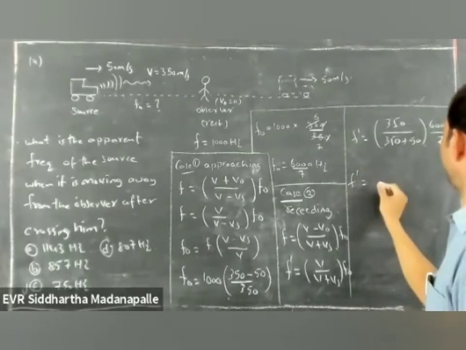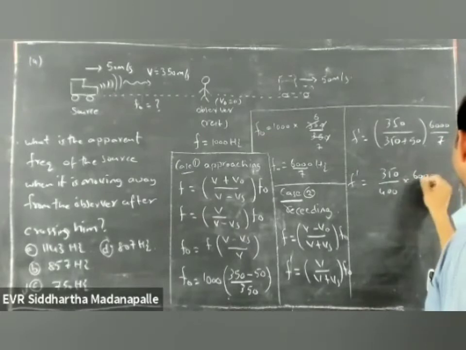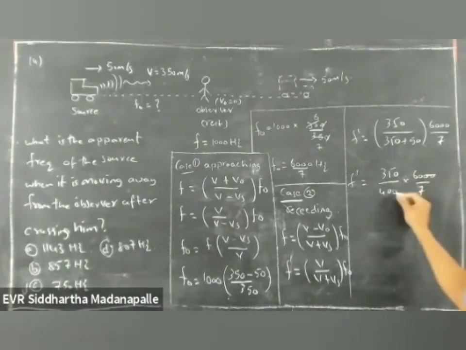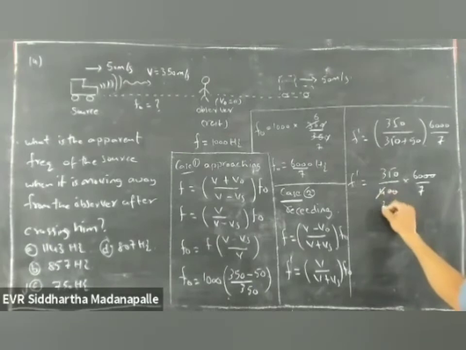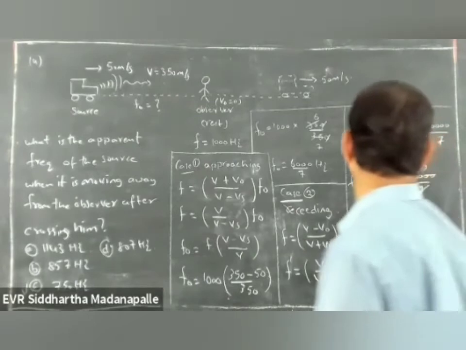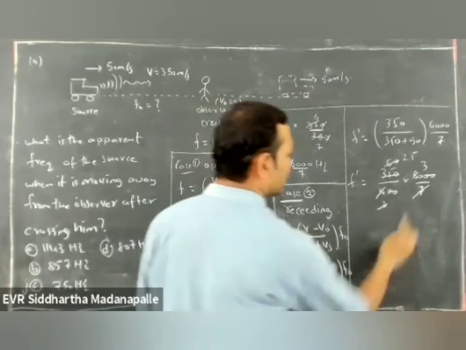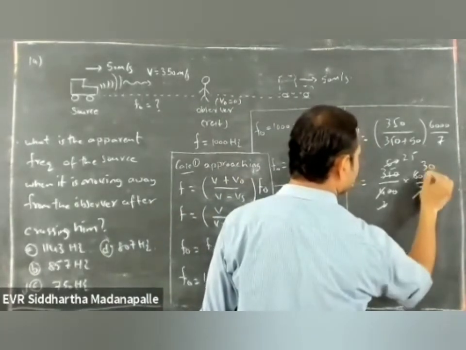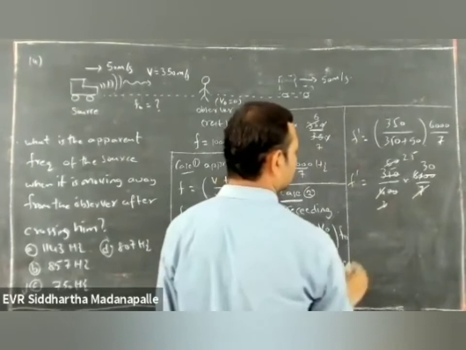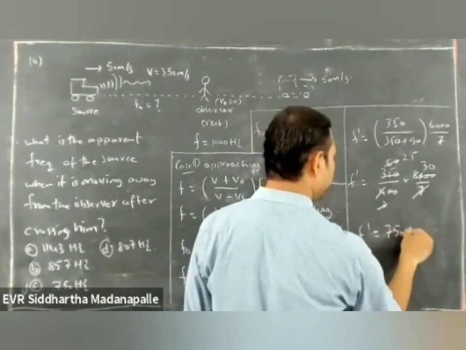So therefore f prime is equal to 350 by 400 into 6000 by 7. 2 2s are 2, 2 3s are 6, 7 1s are 7, 5 0, and here 2 1s are 2, 25. Remember, there is one 0 here. 25 3s are 75, so 750.